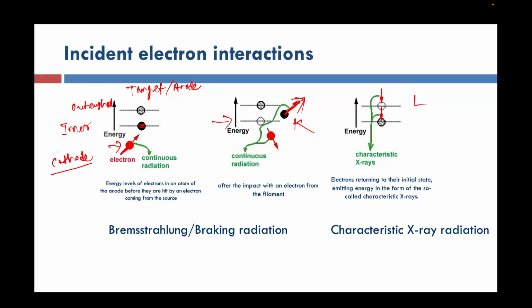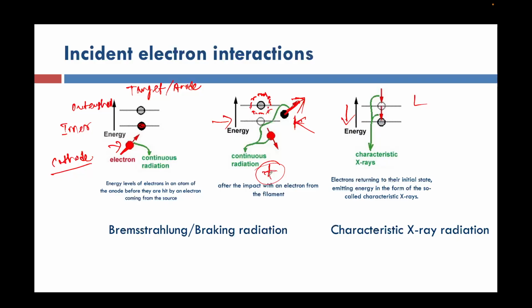Now, to fill up this vacancy, what will happen? The electron which was there earlier in the L shell will try to jump from here to here to fill the vacancy. Why? Because you don't want any vacancy, since the highly positive nucleus is pulling this outer shell electron with a high positive attraction between the nucleus and the negatively charged electron.